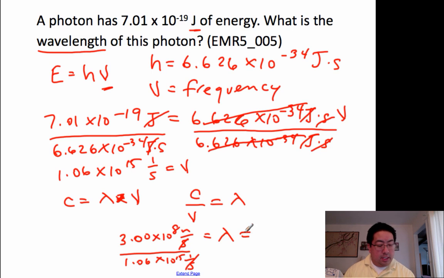So 3 times 10 to the 8th divided by 1.06 times 10 to the positive 15th. And when we do this, we get 2.83 times 10 to the minus 7th meters. And so here's our answer for this first problem. Okay, I will be back with another problem shortly.